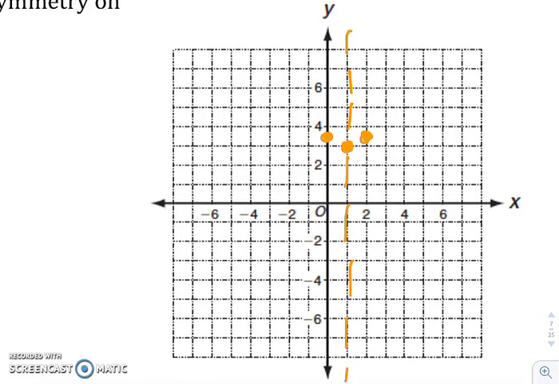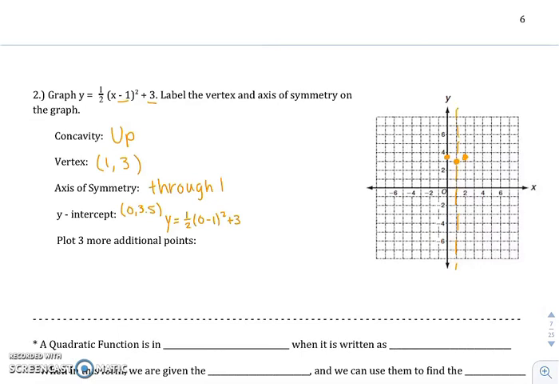So let's do one more point. Let's plug in 3. If we plug in 3, 3 minus 1 is 2. 2 squared is 4, times a half is 2, plus 3 is 5.